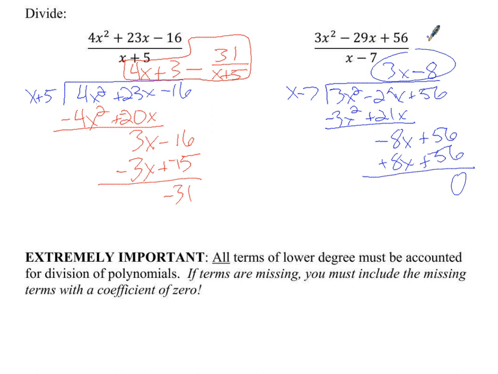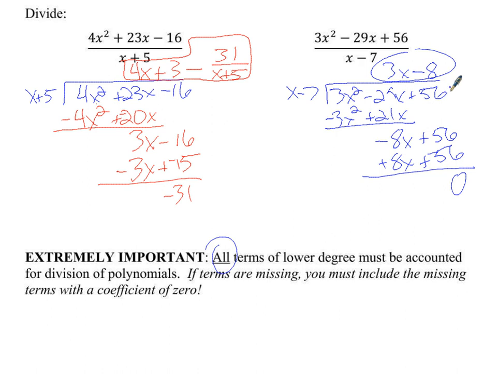There's probably something kind of important that we need to talk about. Actually, it's extremely important. All of your terms have to be accounted for when you do long division, and later when you do synthetic division. If you have missing terms, like for example, in this polynomial right here, 3x squared, if this middle term was missing, if all I had was 3x squared plus 56, when I set this up, I have to include all of the terms that I'm supposed to see.